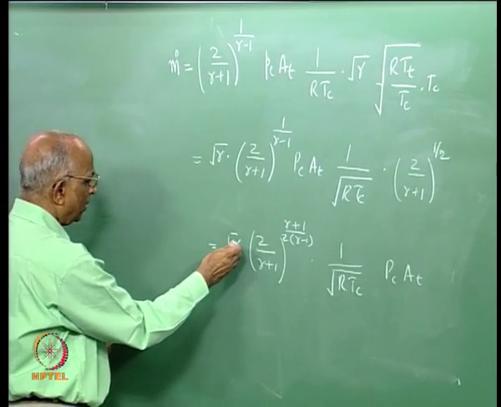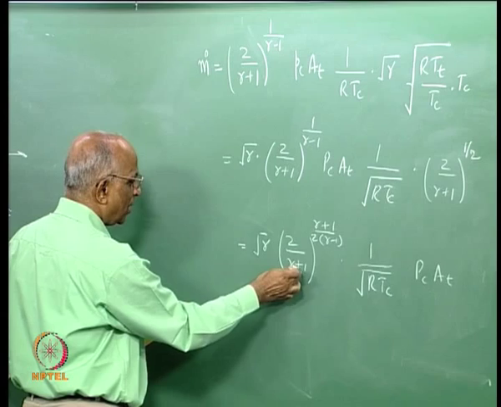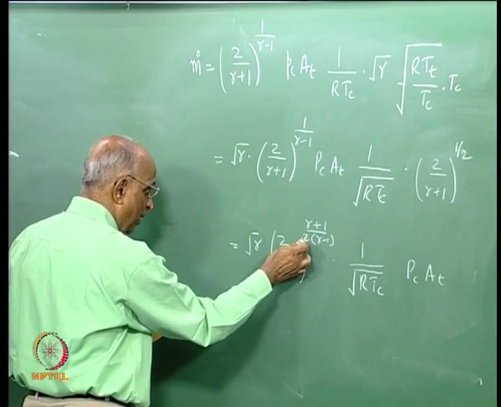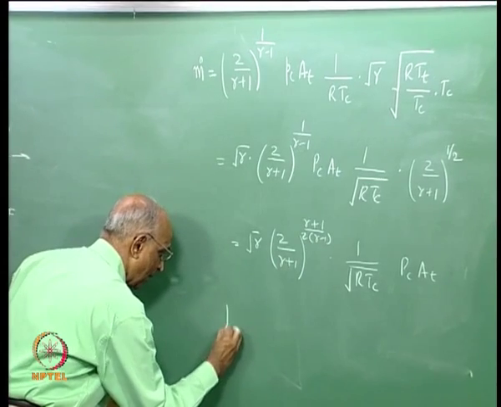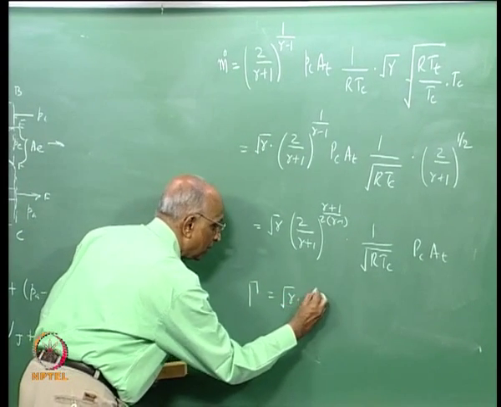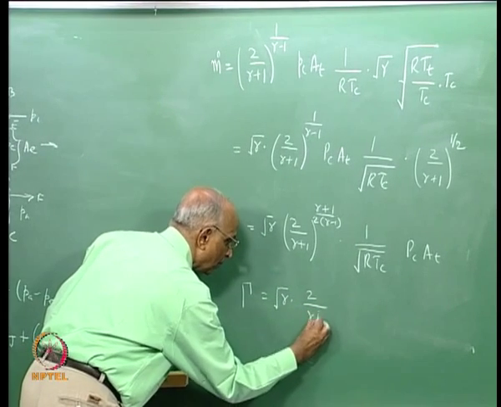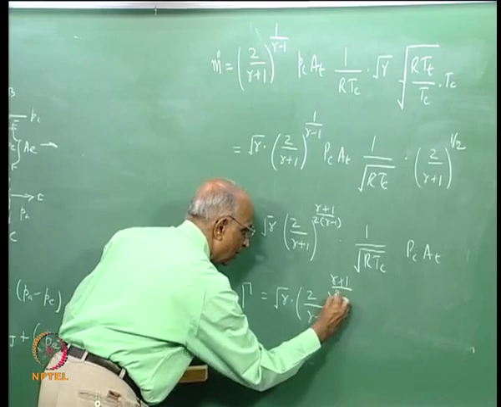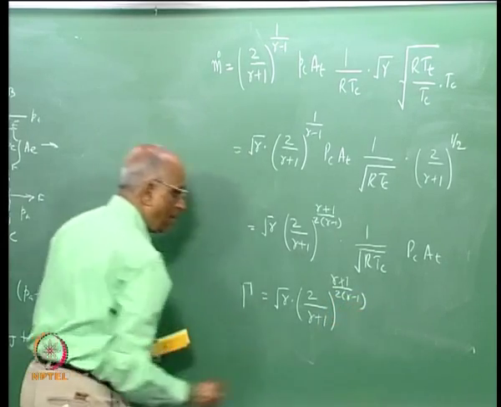Let me define under root gamma into 2 over gamma plus 1 to the power gamma plus 1 divided by 2 gamma minus 1 as capital Gamma, which is equal to under root gamma into 2 over gamma plus 1 to the power gamma plus 1 divided by 2 into gamma minus 1.